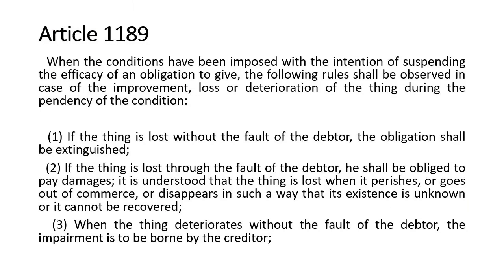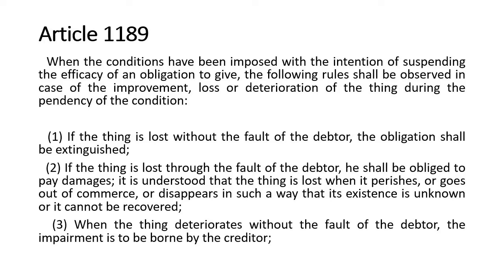Under Article 1189, when the conditions have been imposed with the intention of suspending the efficacy of an obligation to give, the following rules shall be observed in case of the improvement, loss, or deterioration of the thing during the pendency of the condition. 1.